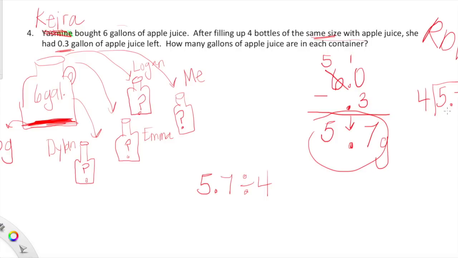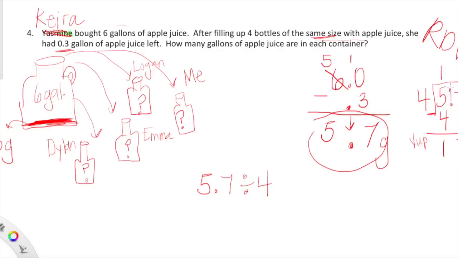Now let's figure out what is 5.7 divided by 4. Let's go ahead and do some long division here. 4 goes into 5 one time, with some left over. 1 times 4 is 4. 5 minus 4 is 1. Is 1 smaller than 4? Yep. Bring down the 7.